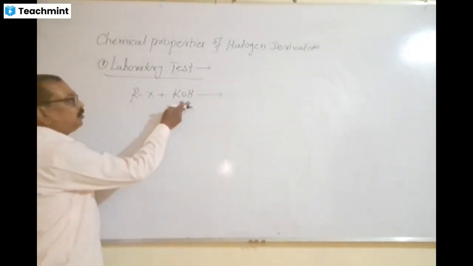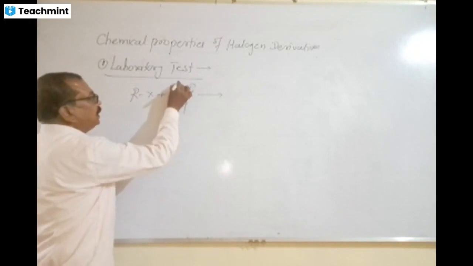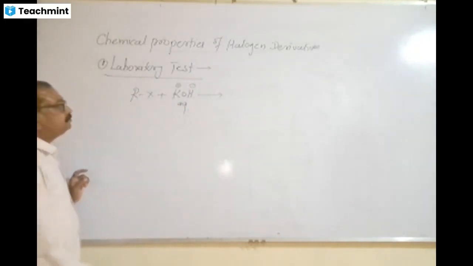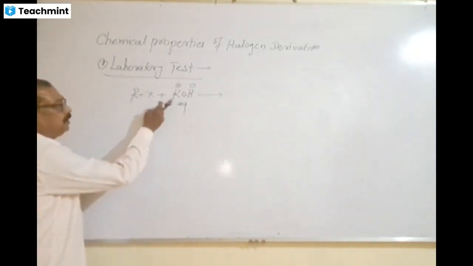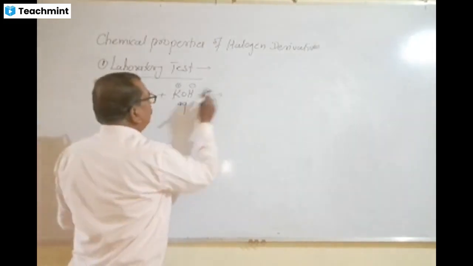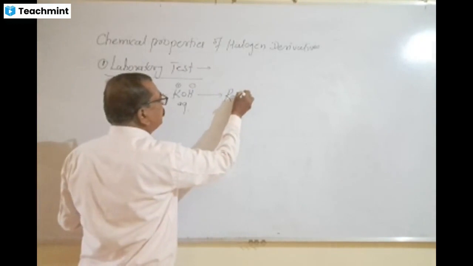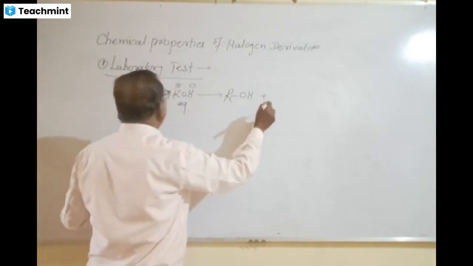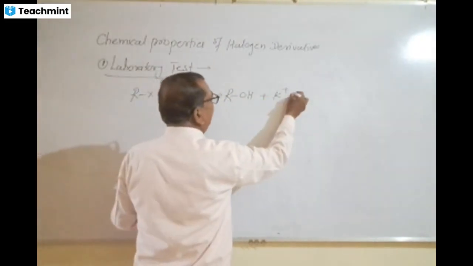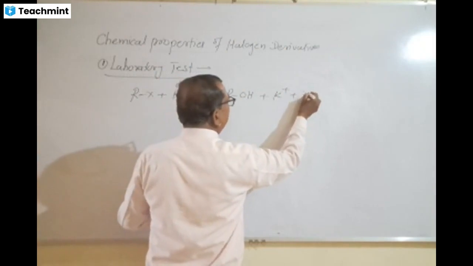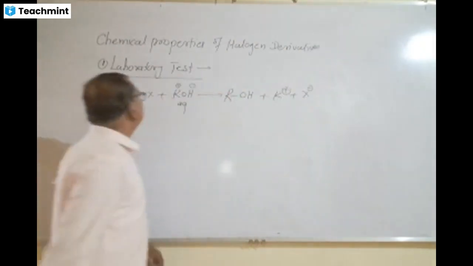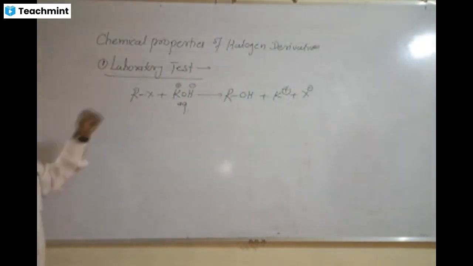This potassium hydroxide contains K plus and OH minus ions. Therefore, in this reaction, the OH group gets attached to the R group to form alcohol, and here K plus and X minus ion, X minus ion from alkyl halide.